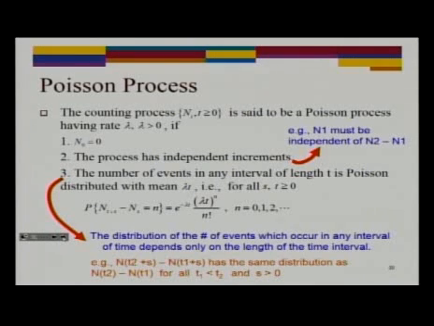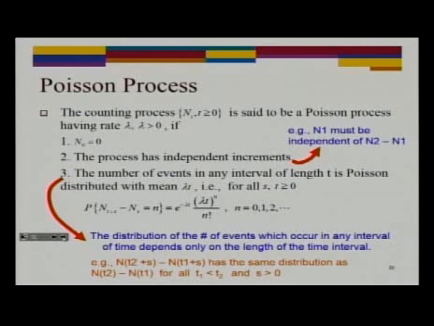And condition number 3 means that the process has stationary increments. That is, the distribution of the number of events which occur in any interval of time depends only on the length of the time interval.